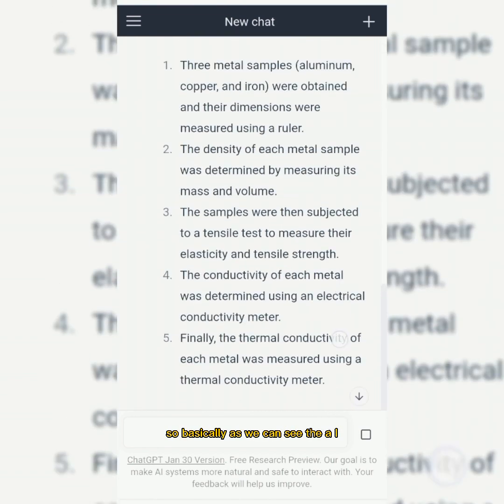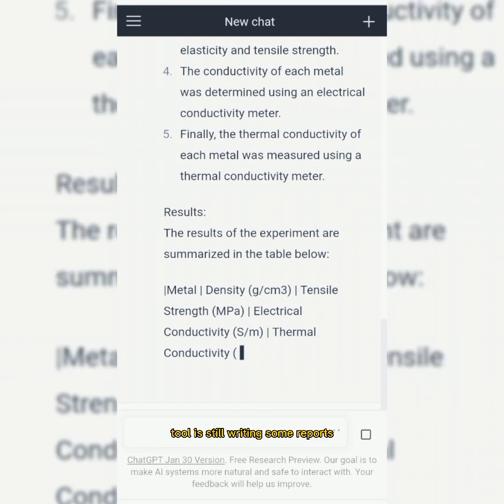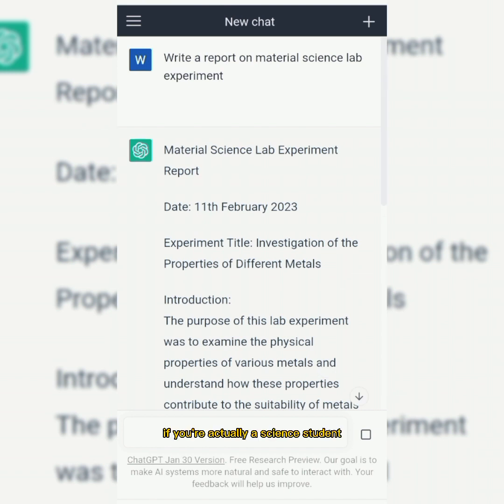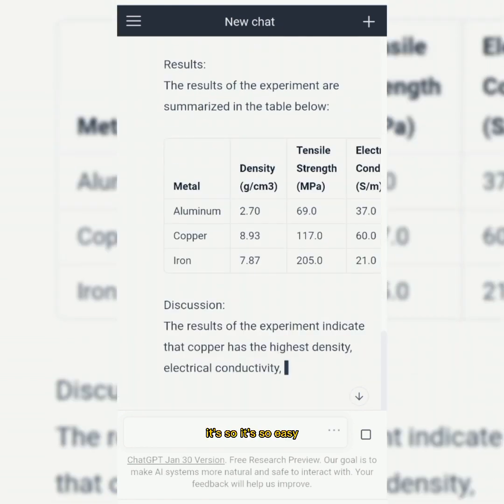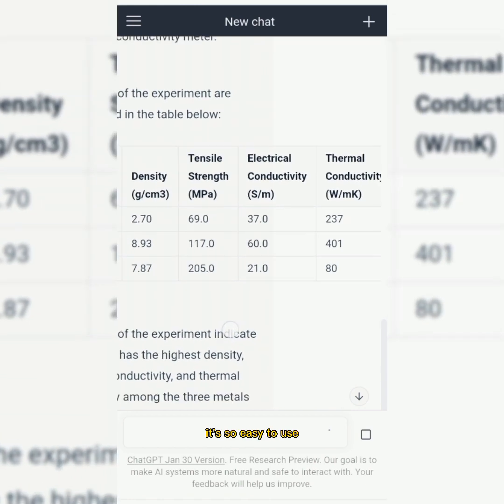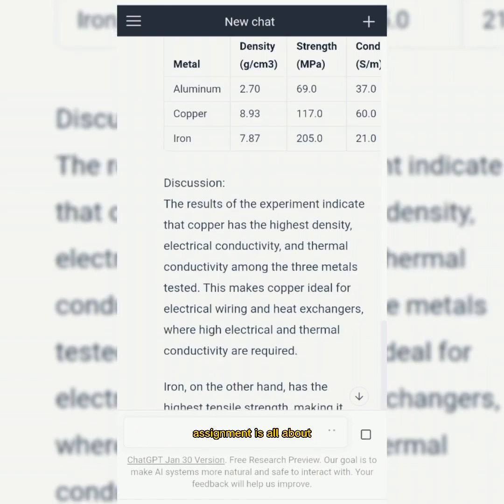So basically, as we can see, the AI tool is still writing the report. Now, this is if you're actually a science student. You can tell this AI tool to write a report for you. It's so easy to use. Now, you also can use this AI better if you have prior knowledge of what your assignment is all about.